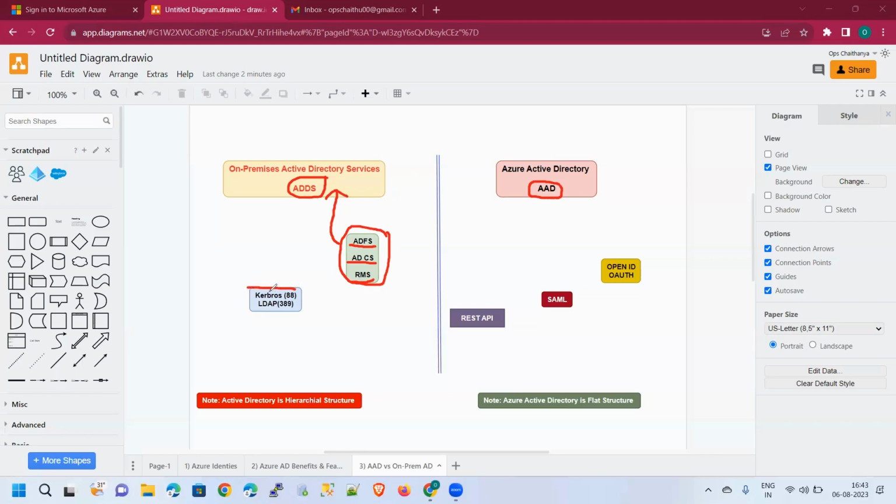With the help of Kerberos, you are authenticating. And there is also LDAP, where mostly we concentrate on connectivity, which happens on port number 389. That all stands good when the applications were on-premises.